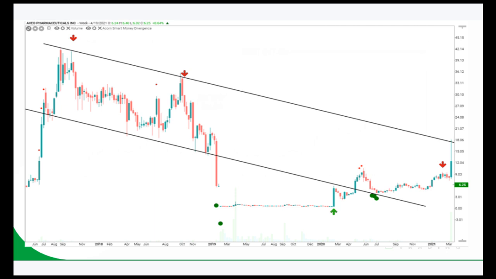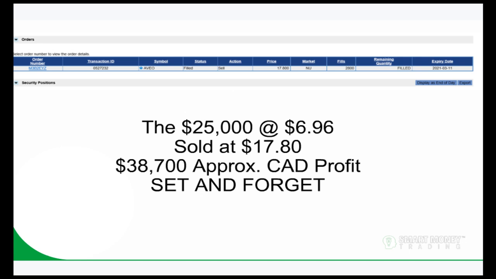So luckily for me, I'm in Australia. So I'm sleeping when the market's open for the time that I'm here. So I did have my target programmed in. So when the market opened, it filled that entire order at $17.80, which was a $38,700 profit for about a 2-week hold.